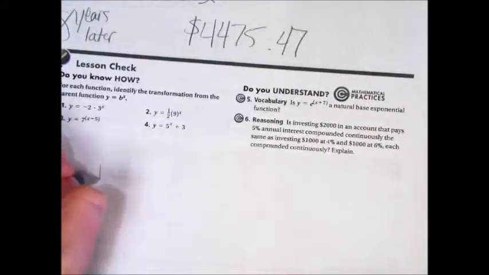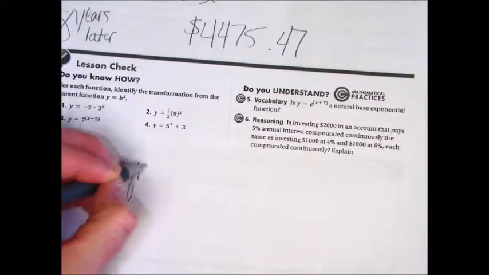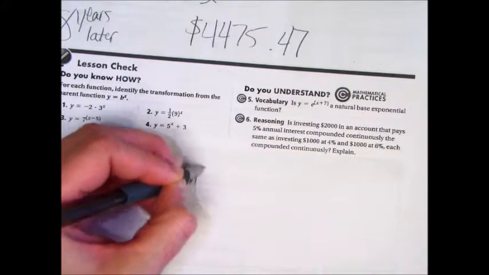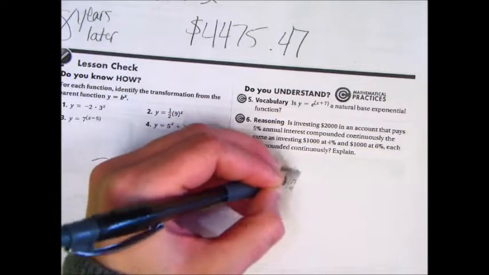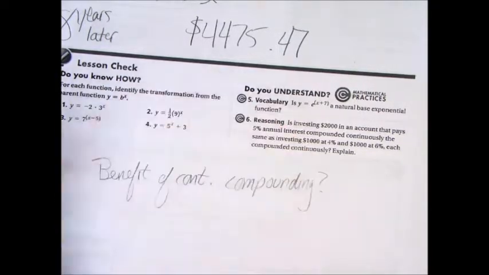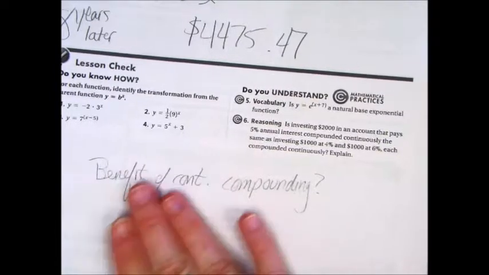Since we have just a little bit of time, I want to talk about that. What is the benefit of continuous compounding? For example, some banks, like my bank, I only get my compounding every month. Whenever you get something that continuously compounds, here's what you get.